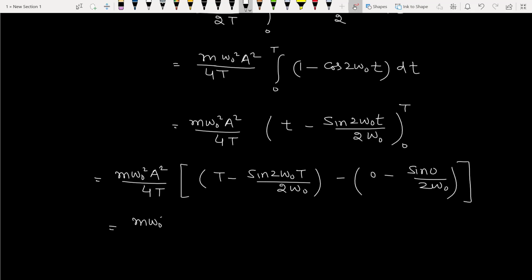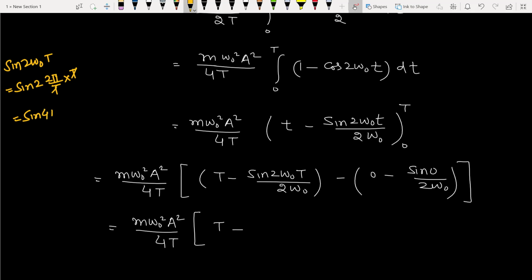Sine of 2 omega naught T, with omega naught equal to 2 pi by T, is sine of 4 pi, which will be 0.